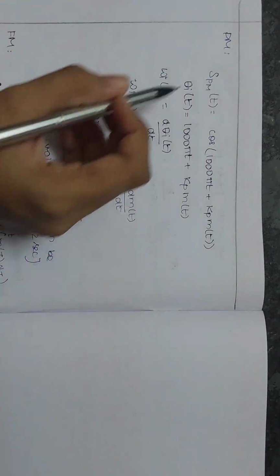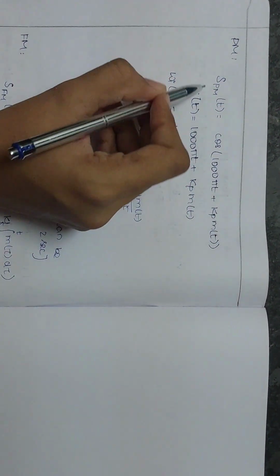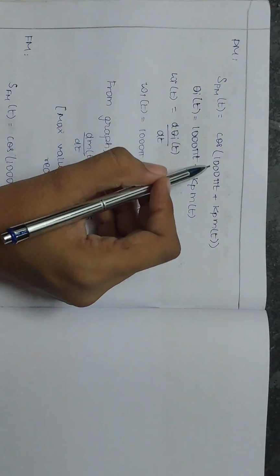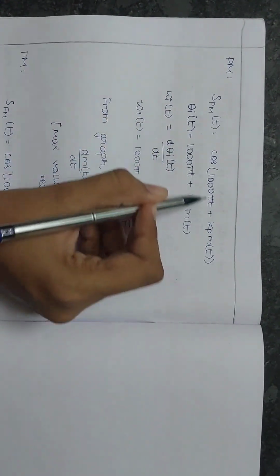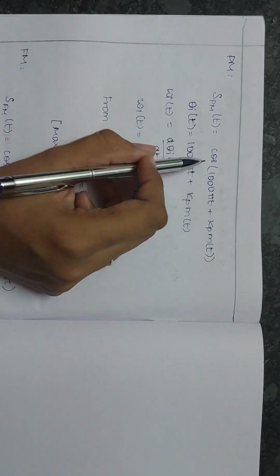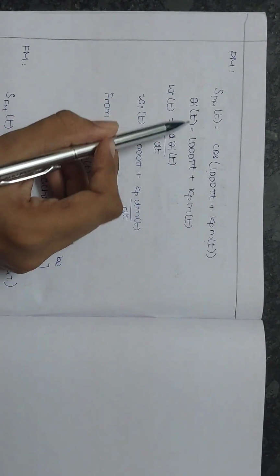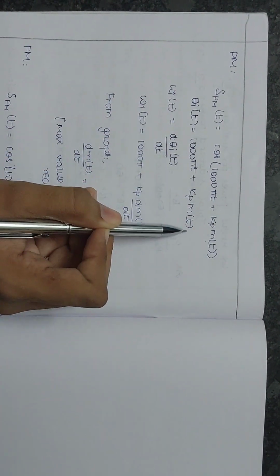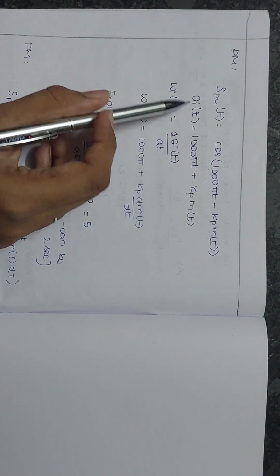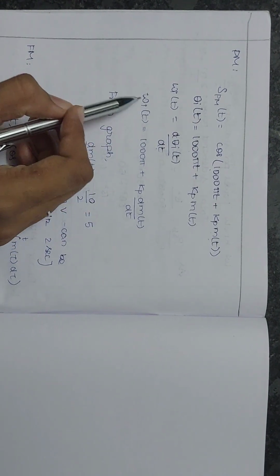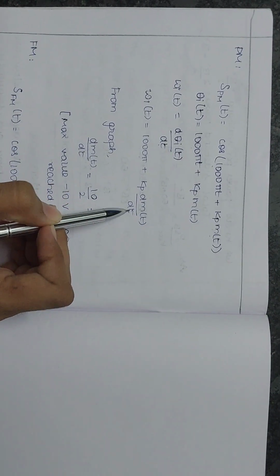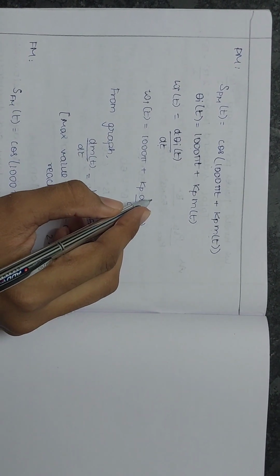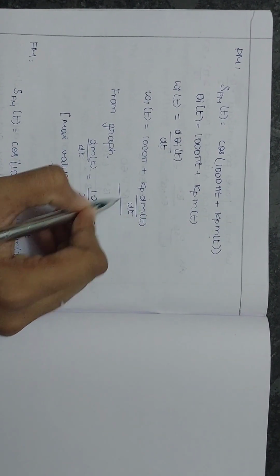First, for the phase modulation part, S PM of t is given as cos of 1000 pi t plus Kp m of t. The part inside the cos is taken as theta. Theta of t is equal to 1000 pi t plus Kp m of t. Omega is the differentiation of theta, so omega is equal to 1000 pi plus Kp dm of t by dt. So we have to find this part, dm of t by dt.